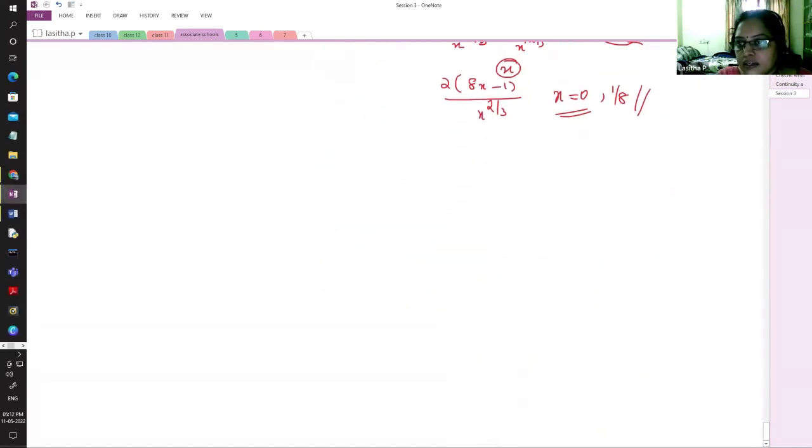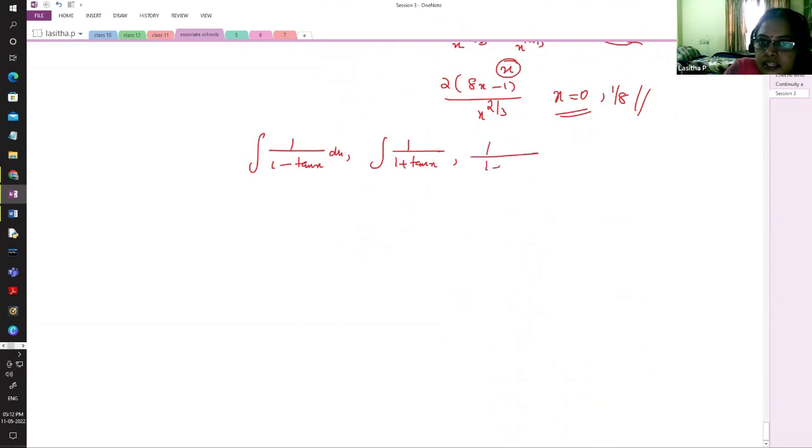Even then, maybe we can introduce the questions at a stretch, the similar types, for example, 1 minus tan x dx, 1 plus tan x dx. I do like this one. All these will have the same method, so all these questions they will learn at a stretch.